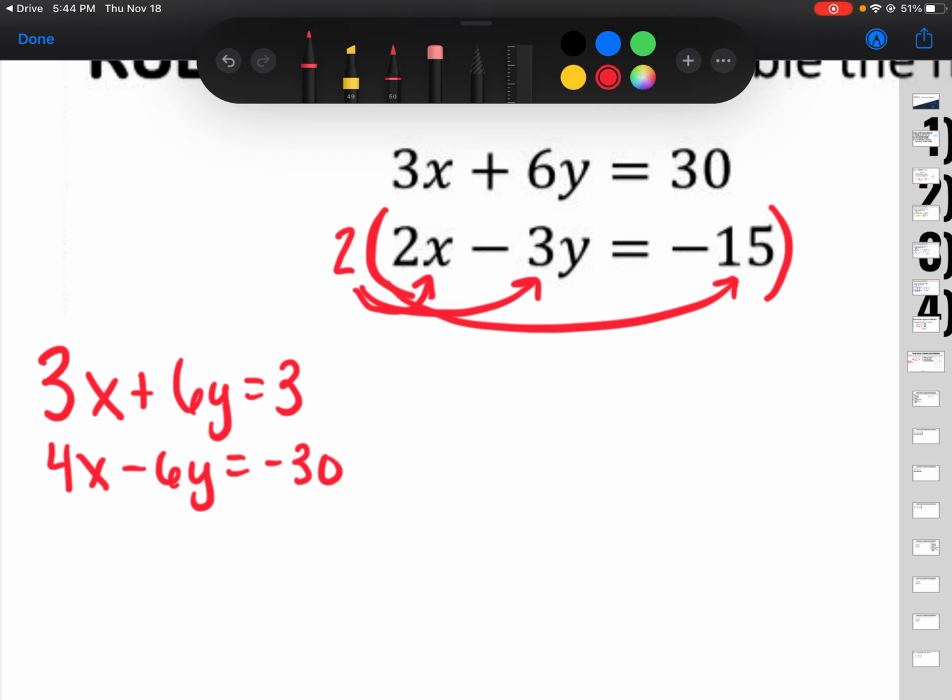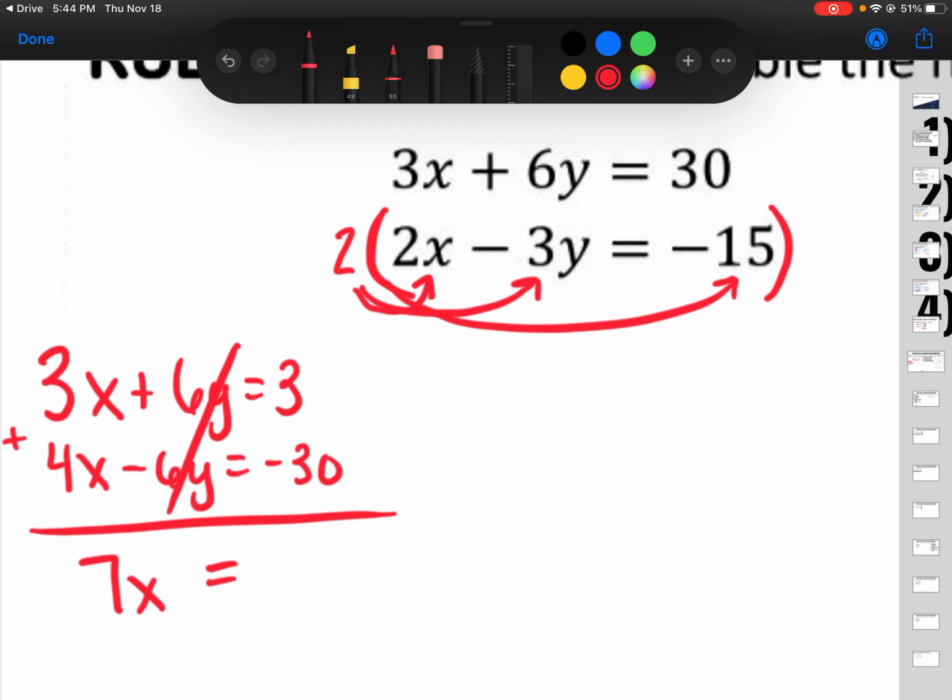Now we add the two equations. 3x plus 4x is 7x. 6y plus negative 6y is 0. 3 plus negative 30 is negative 27.